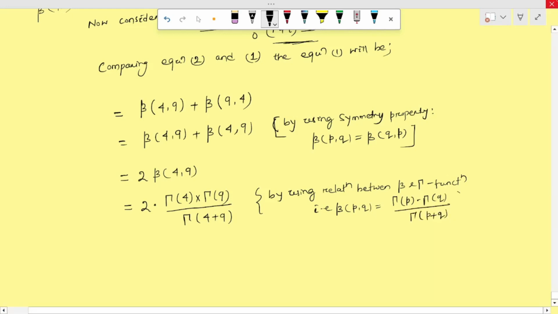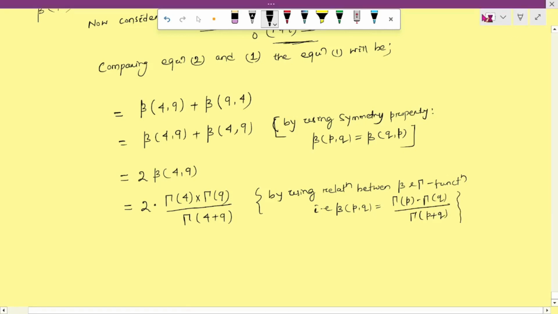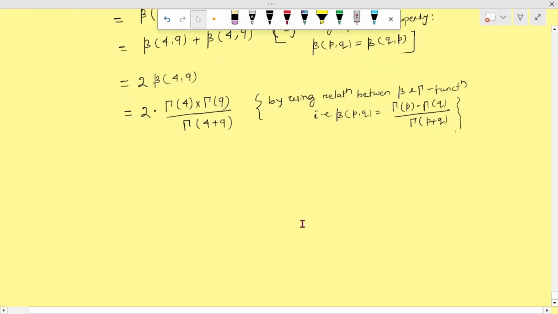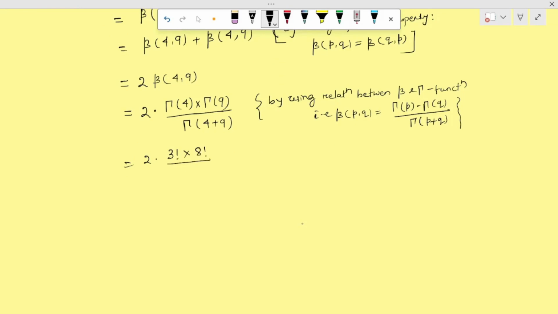Here p is 4, q is 9. It equals 2 into gamma 4, which is 3 factorial, into gamma 9, which is 8 factorial, by gamma 13, which means 12 factorial.